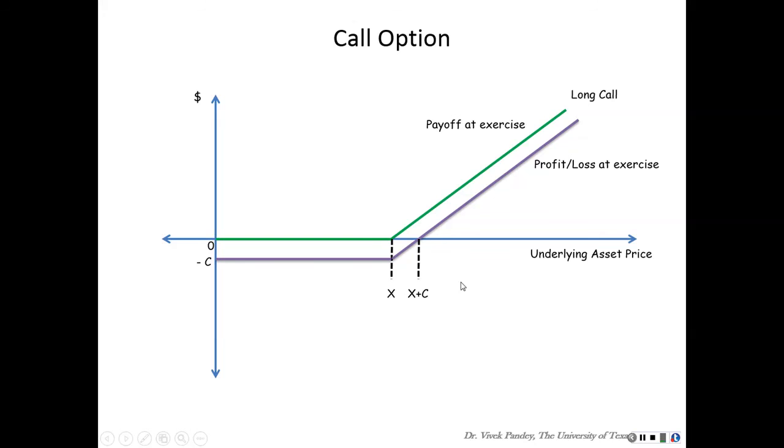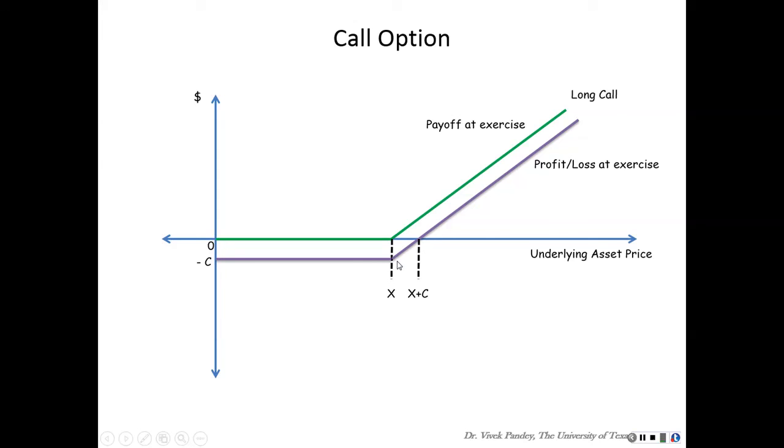You're not getting that back, but by using the option, you can get the stock for 100 and sell it for 103, and that $3 profit will offset $3 of your $5 cost, leaving you with only $2 in losses.